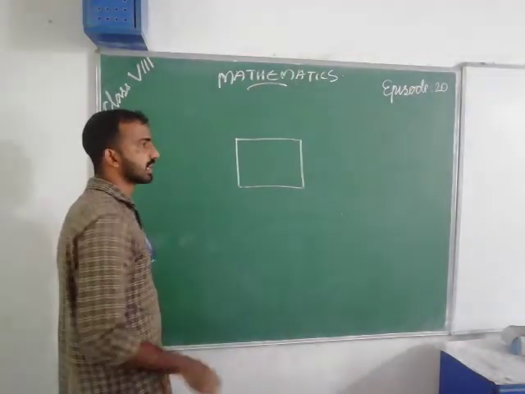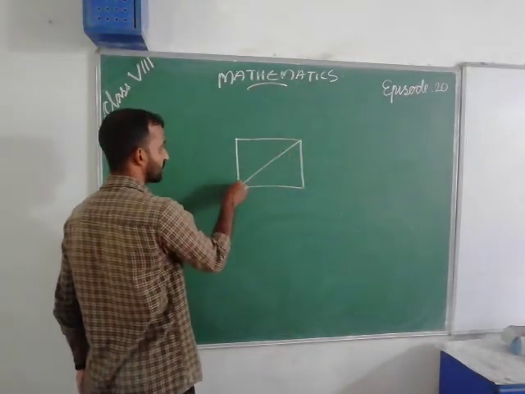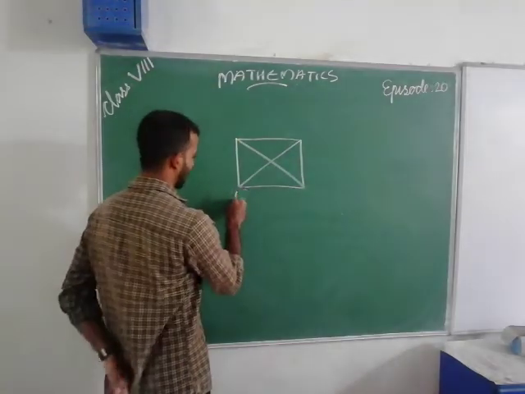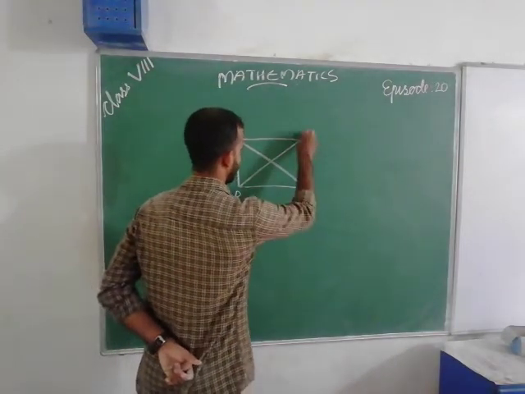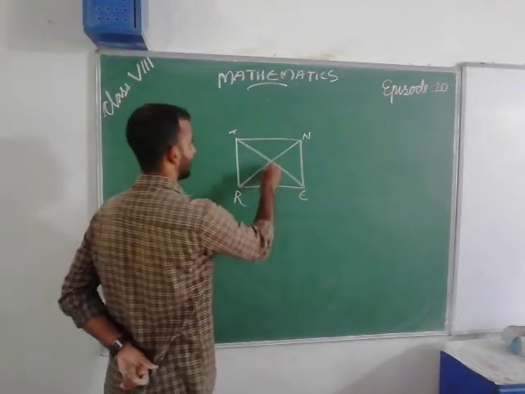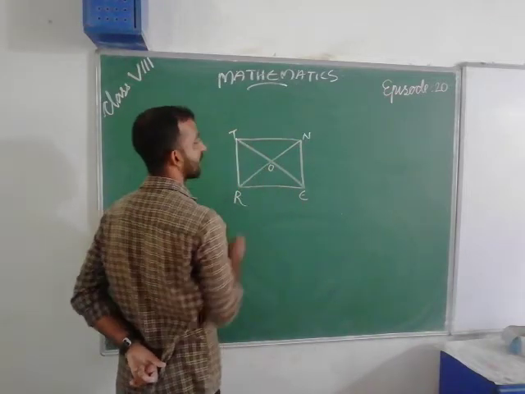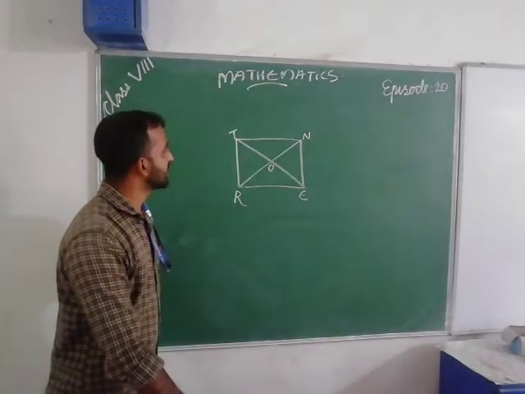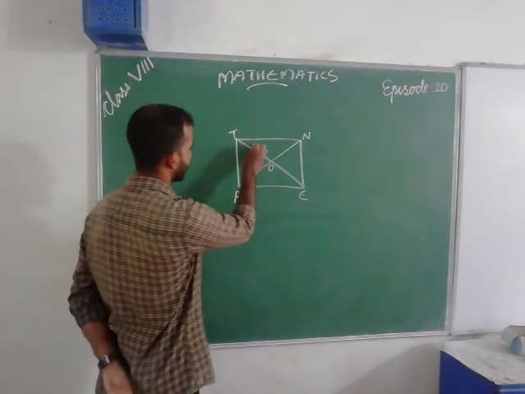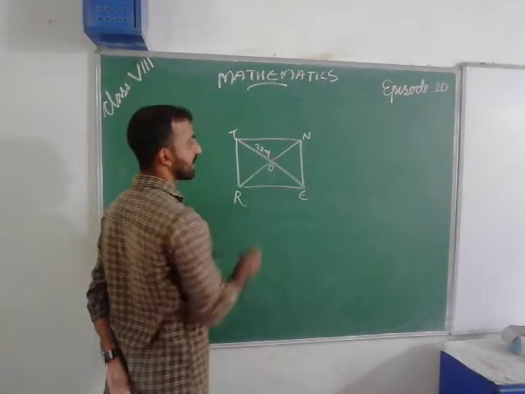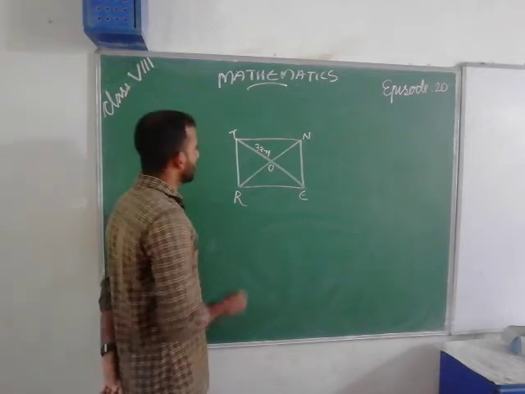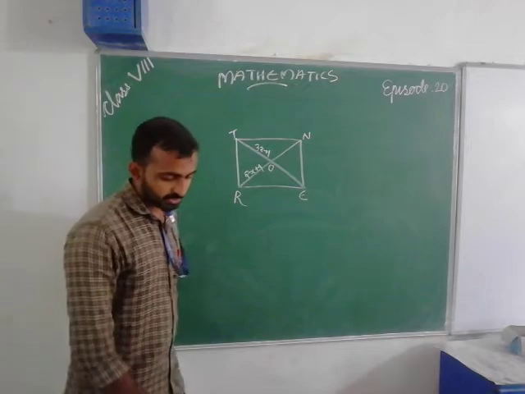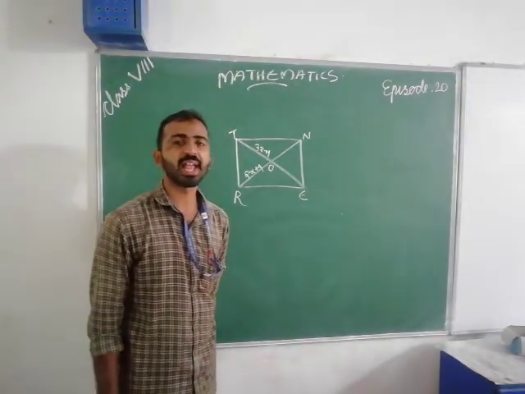This is a rectangle and this is a diagonal, RENT, with O as the meeting point. OT is 3x plus 1 and RO is 2x plus 4. Find x.